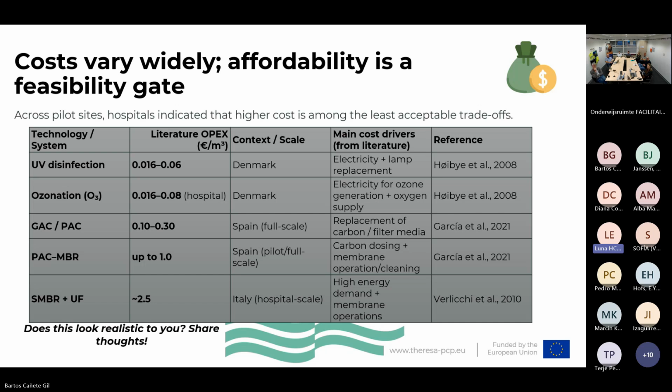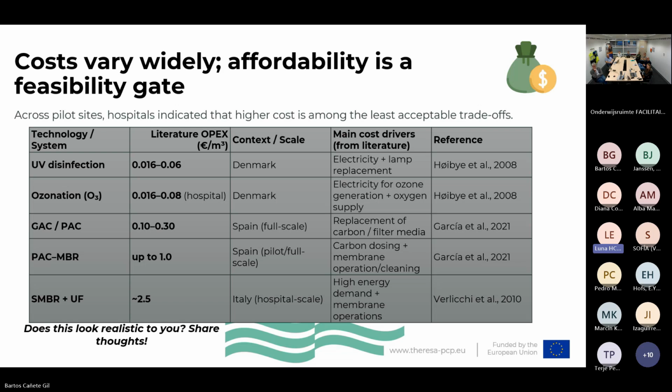So based on some of the literature, I will not go through this in detail, but I found some studies from Denmark, which are quite old, but they use UV disinfection and it has shown really low OPEX. There's not a lot on CAPEX, which is the upfront investment, but there's more literature on OPEX, which is what comes later in the prices.